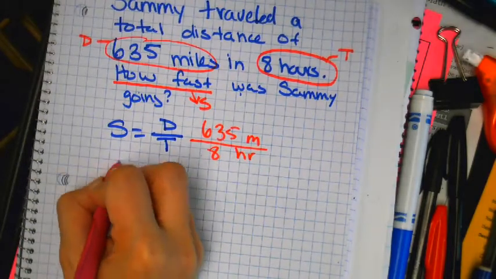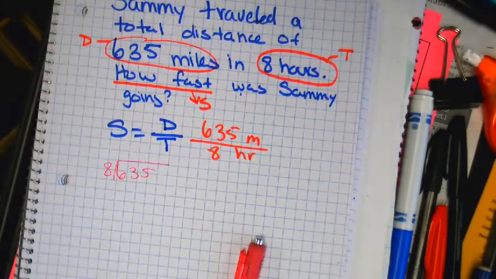Okay. So I'm going to go over here and I'm going to divide 635 divided by 8. It is a decimal, but it's not a very hard decimal. It will end after the third number. It's a terminating decimal, which means it ends. Just going to give you a 30-second head start on how to divide this.